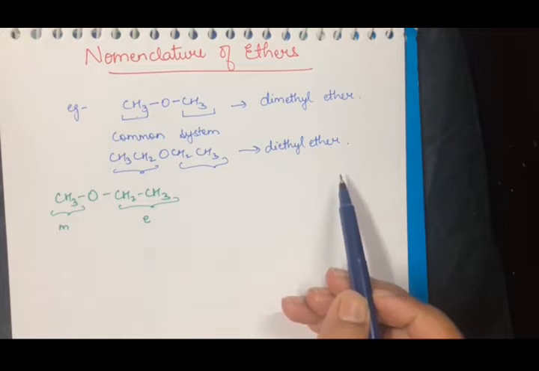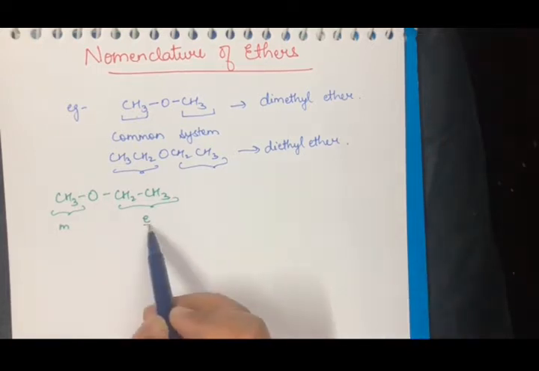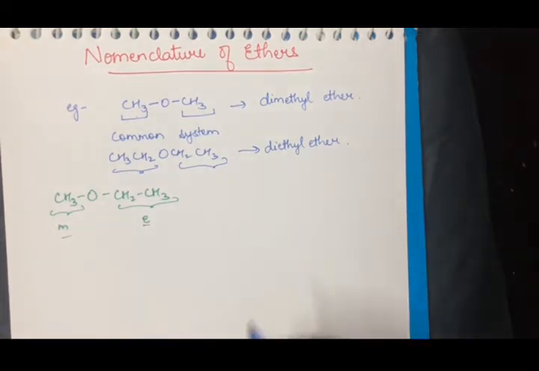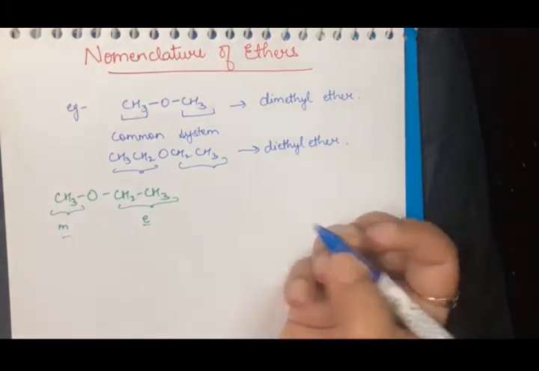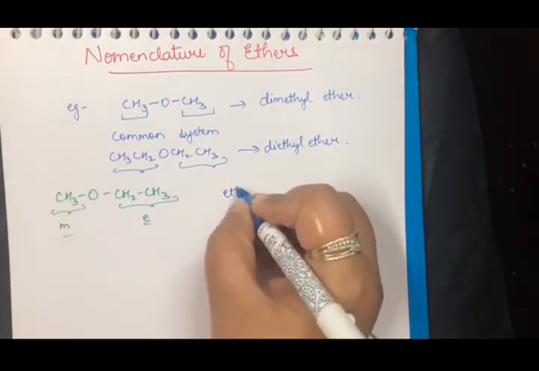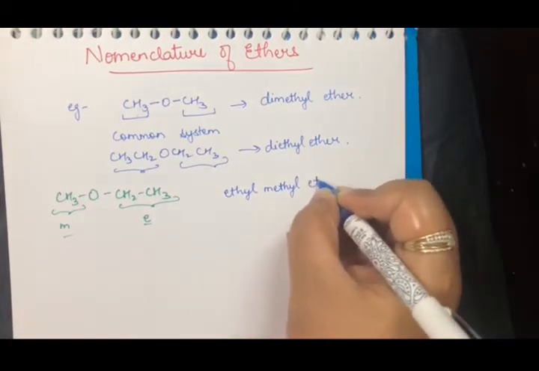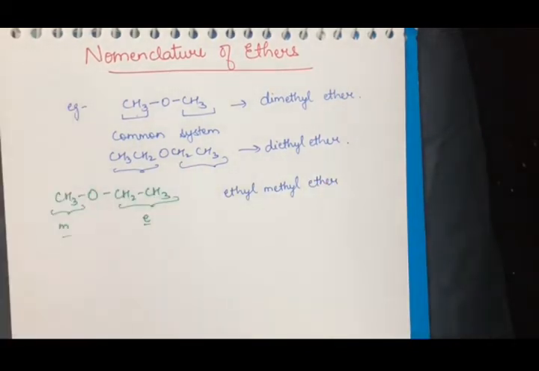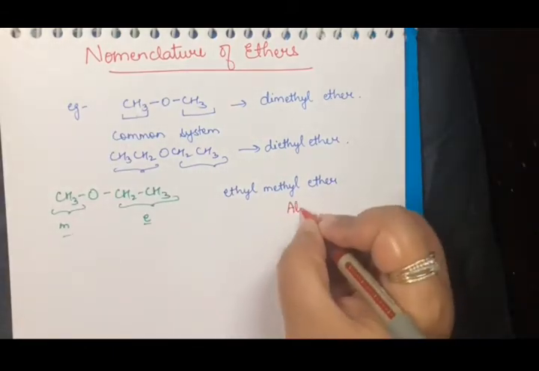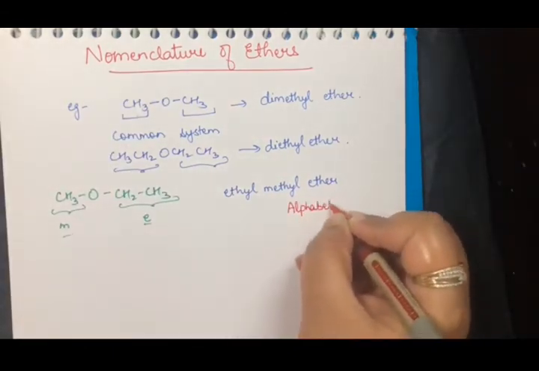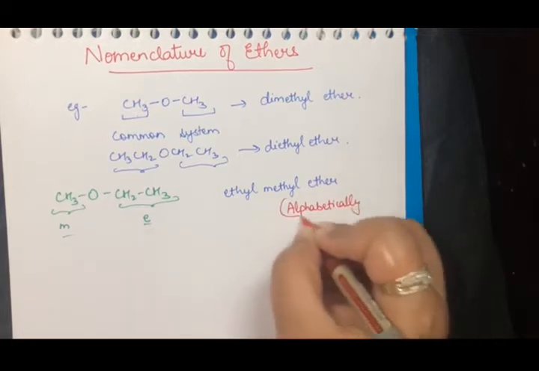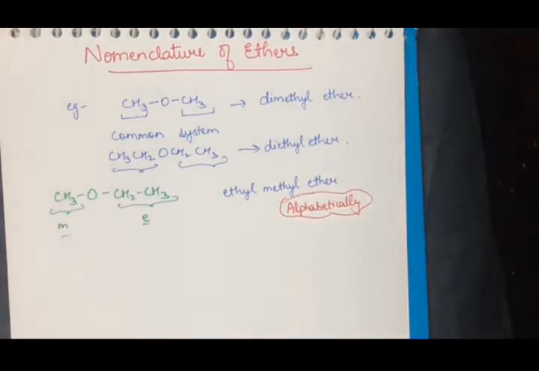But you have to write it alphabetically. Out of ethyl and methyl, which comes alphabetically first? It is ethyl. So it becomes ethyl methyl ether. What you have to keep in mind is that it has to be alphabetically placed. That is my keyword here.